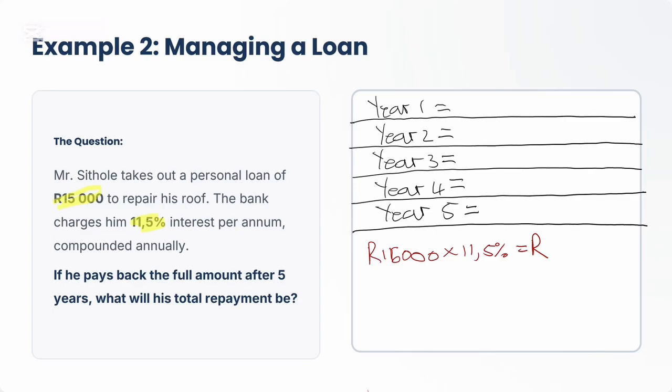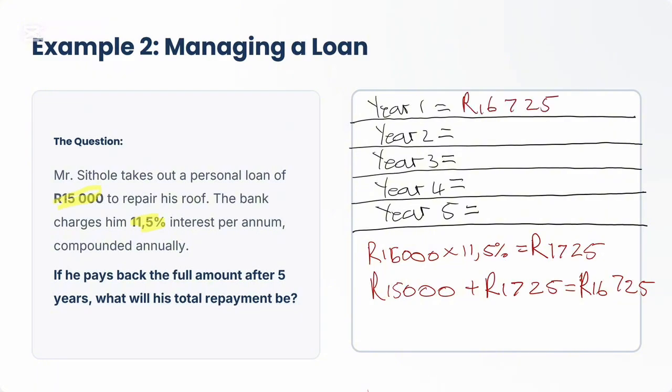Now you're going to take that initial 15,000 and add the interest earned in that 1 year. Then it should give you 16,725. Now that is for year 1.